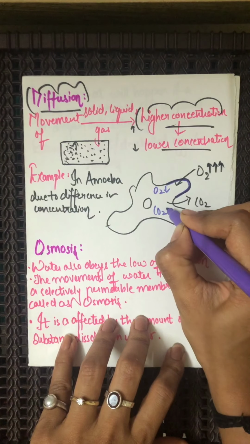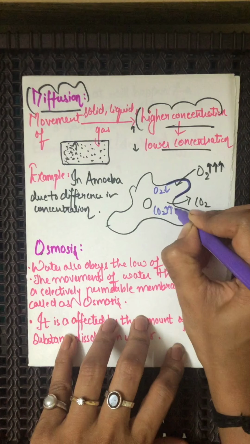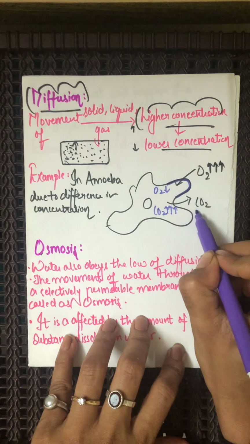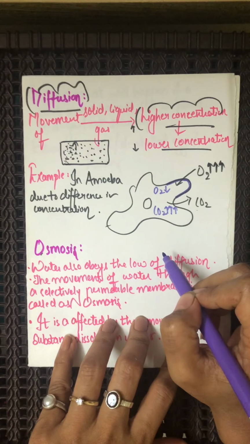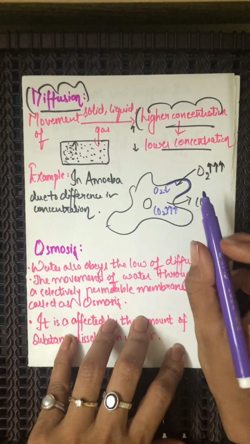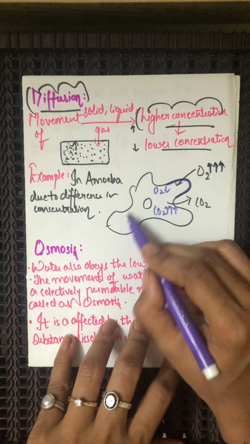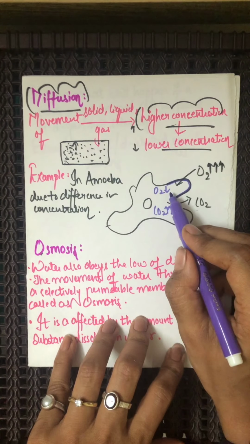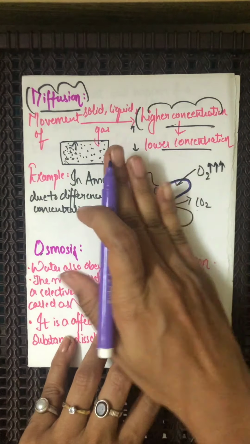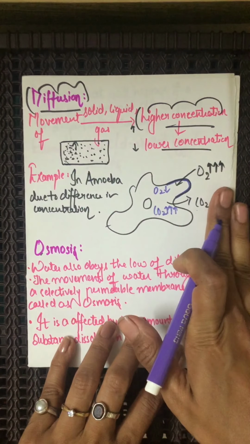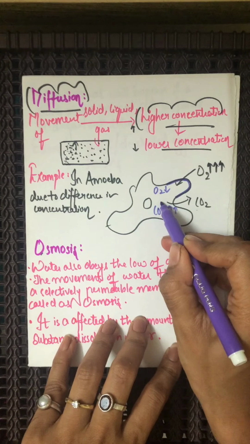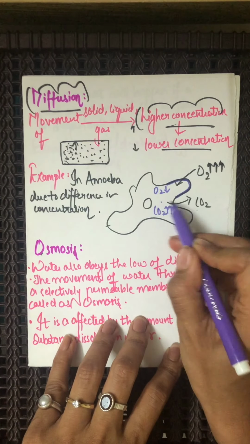So the level of CO2 inside the amoeba is more in comparison to the outer environment. The carbon dioxide will start moving from the region of higher concentration to the region of lower concentration. Do you understand this? So the CO2 is going to diffuse from higher to lower.